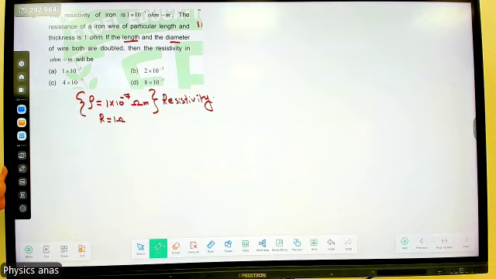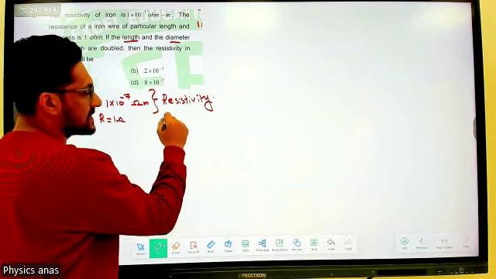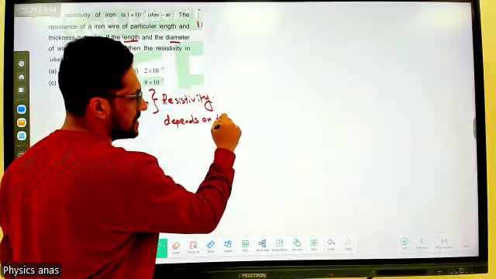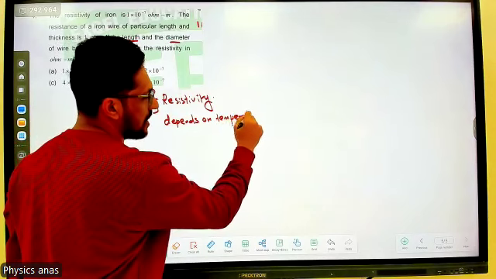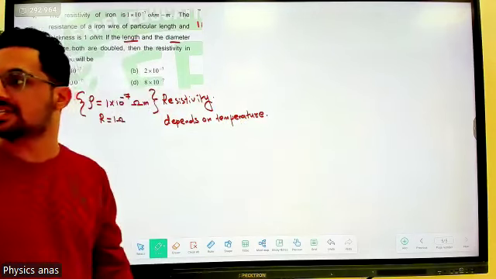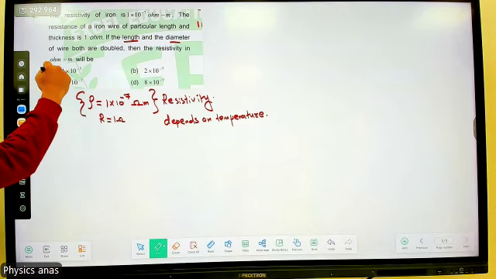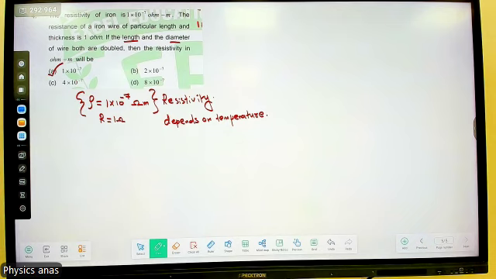It's not changing. Resistivity depends on temperature. If the temperature is not changing, then the resistivity is a constant. So the resistivity does not change. Then the value is what? It will be same: 1 into 10 raised to minus 7.